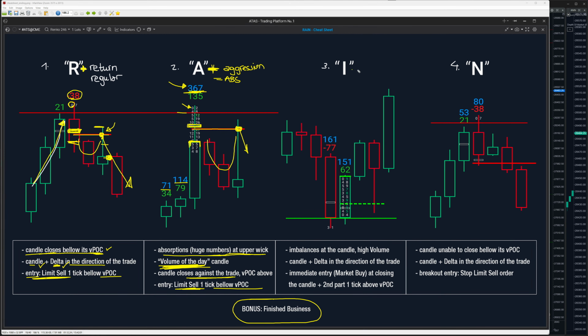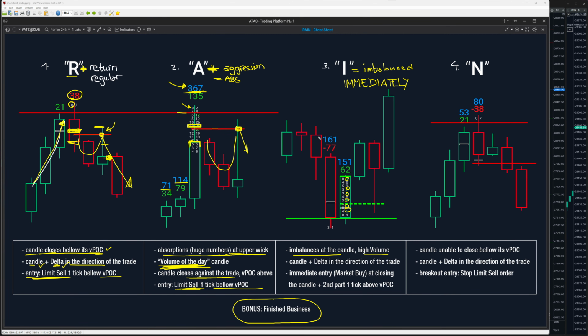The third setup is I, where I stands for imbalances. It is basically the advanced version of the first setup, but you enter immediately. It's not an R return candle, it's an immediate entry. Which means there are imbalances at the candle. You see that? This represents the acceleration, the buyers.